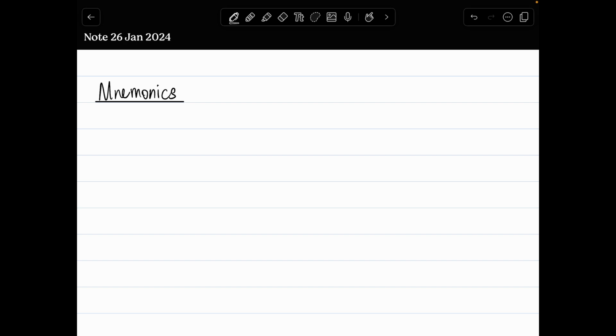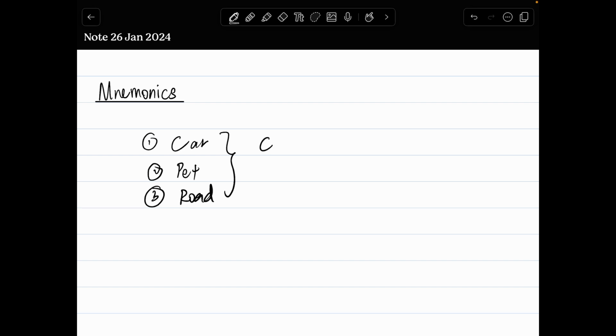So, we will have a list of objects. For example, number one is car, number two is pet, number three is road. And then to remember these three items, instead of just remembering it as a car, a pet, a road, we would just take out the first letters of all of the three words.